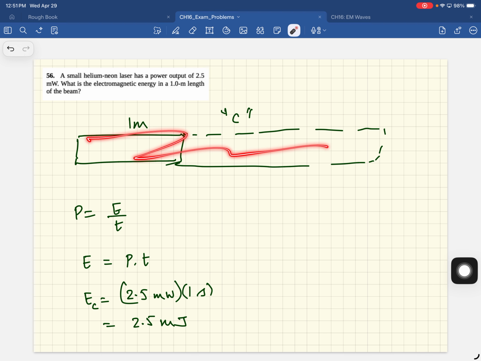So this length of the beam contains 2.5 millijoules of energy. And you want to find the energy content of 1 meter, so you divide that by c.